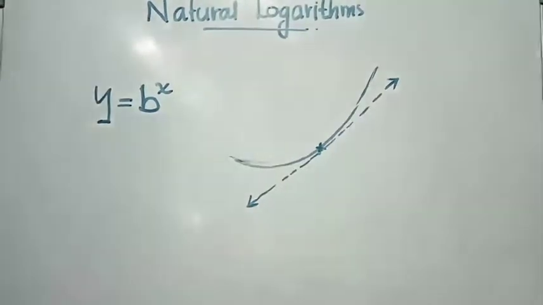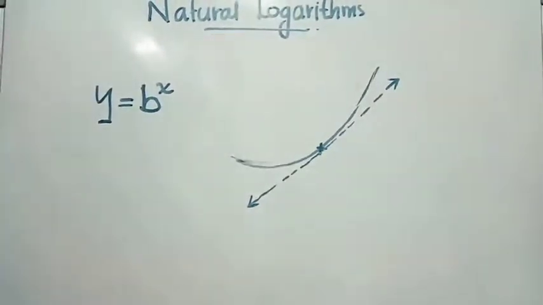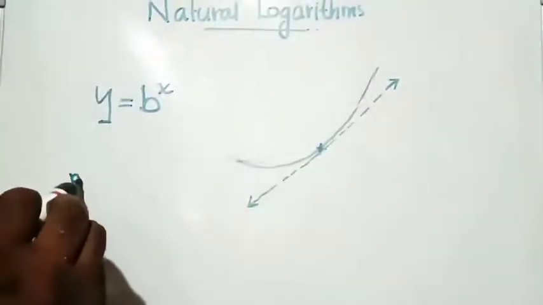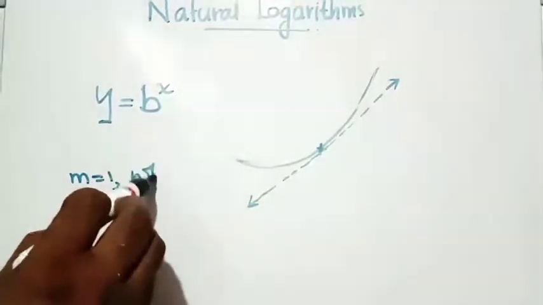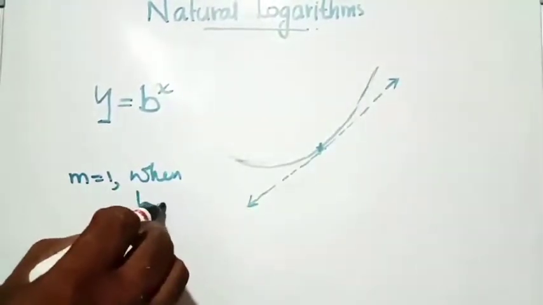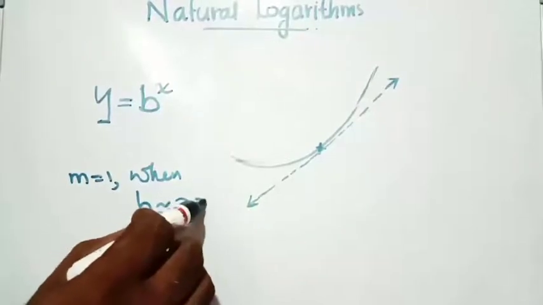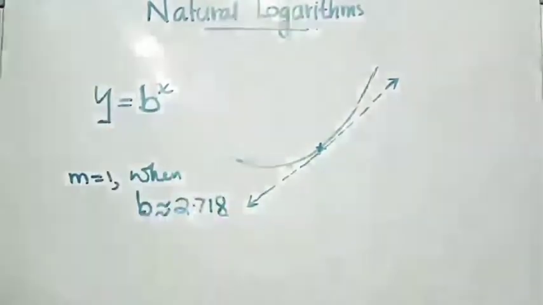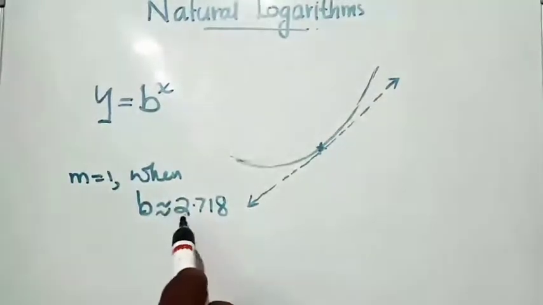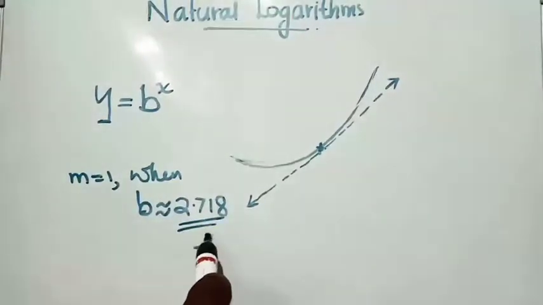At a certain value of b, the gradient of this tangent will be 1, and that happens when b is approximately 2.718. That value is considered as e.